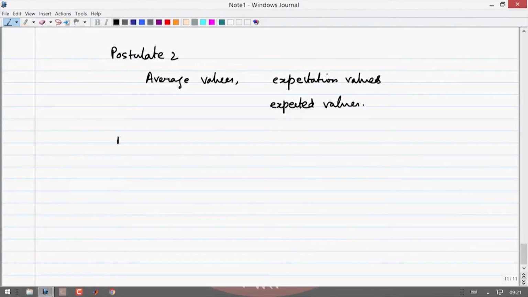So, the mean value, or what is called the average value, of any quantity which is measurable in quantum mechanics experimentally is represented by an operator A such that the measurement of that property in the state psi of that system is given by this definition: integral psi star A psi dx.